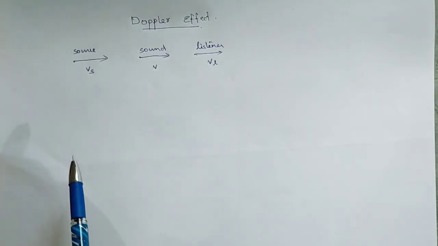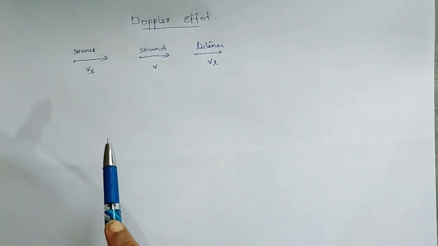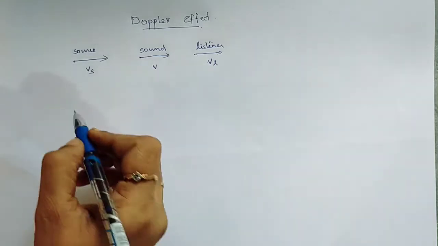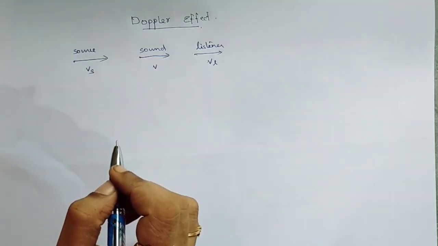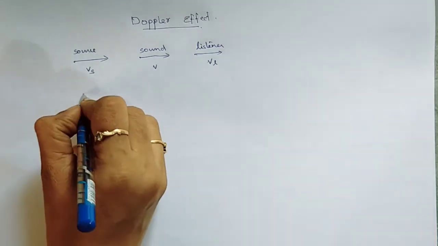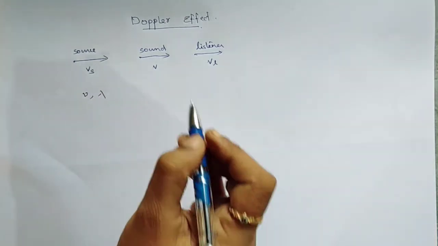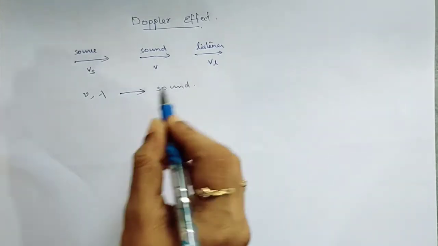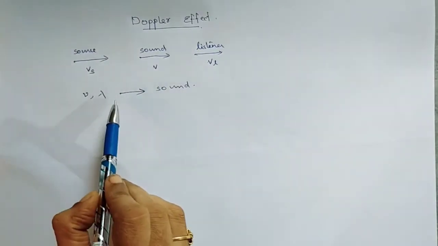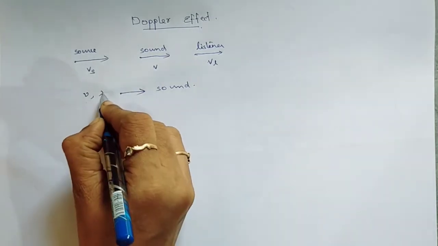Let the source of this sound produce a sound of frequency nu, and lambda be the wavelength of the sound.